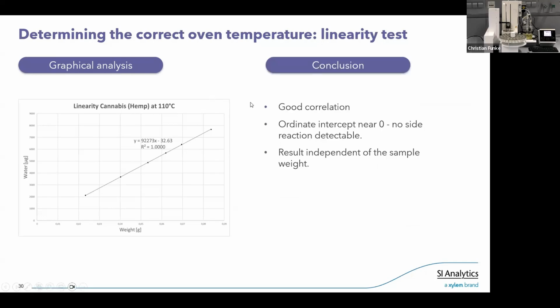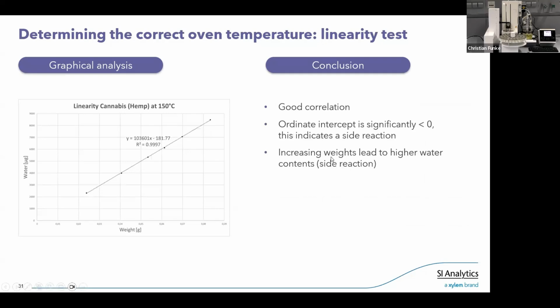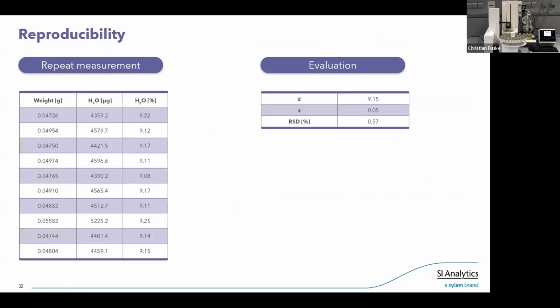That I already told you. At 110 degrees, we got a good correlation and an ordinate intercept close to 0, independent of the sample weight. So that leads us to the conclusion that 110 degrees is the right temperature, and we used this temperature to determine the reproducibility.